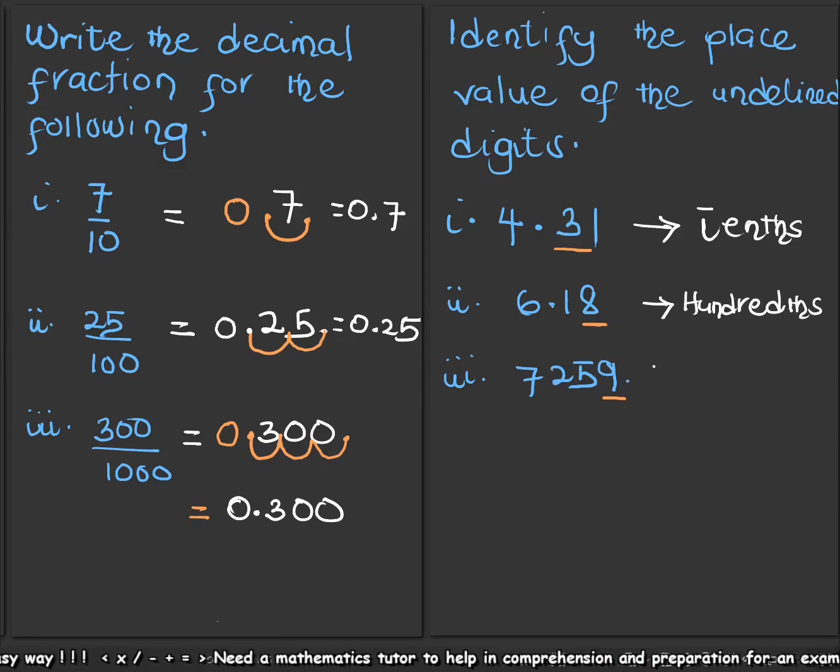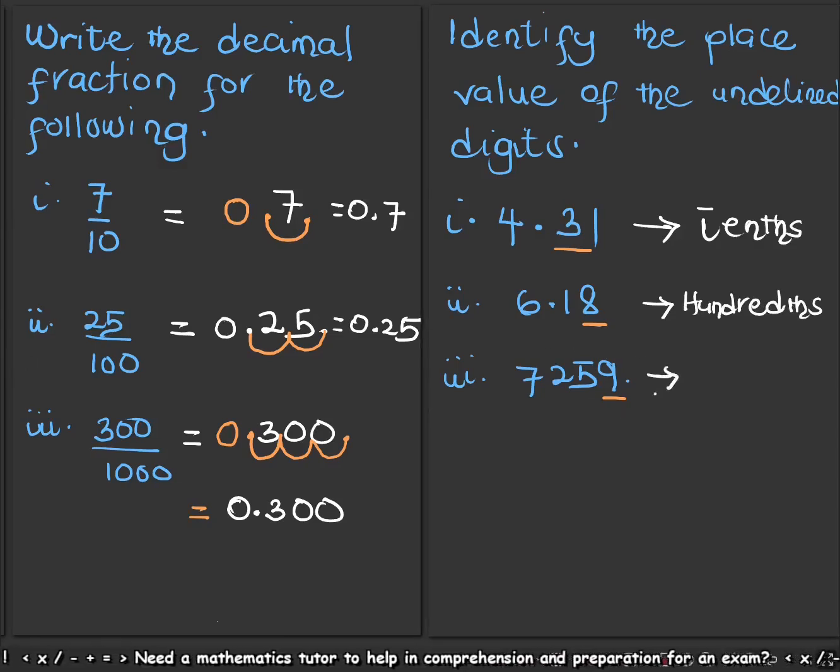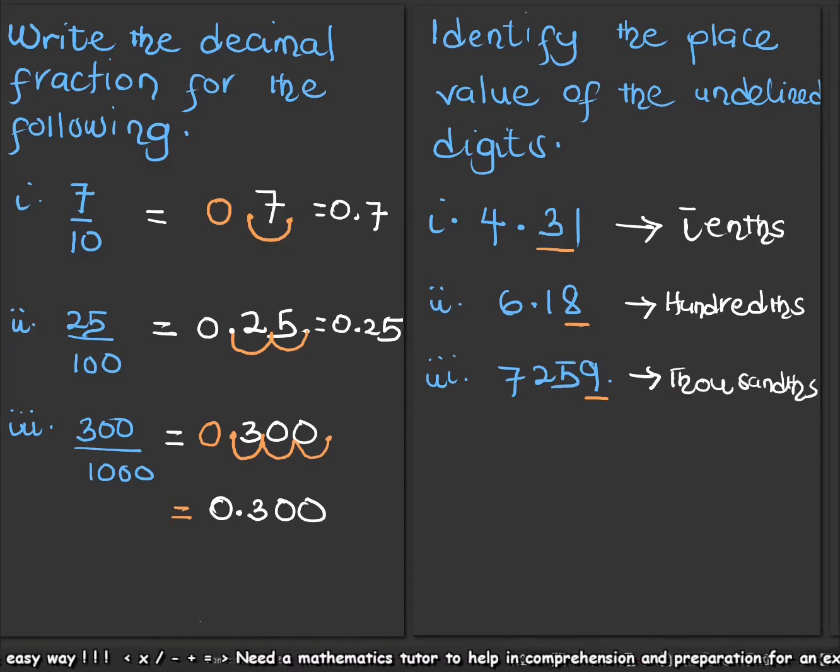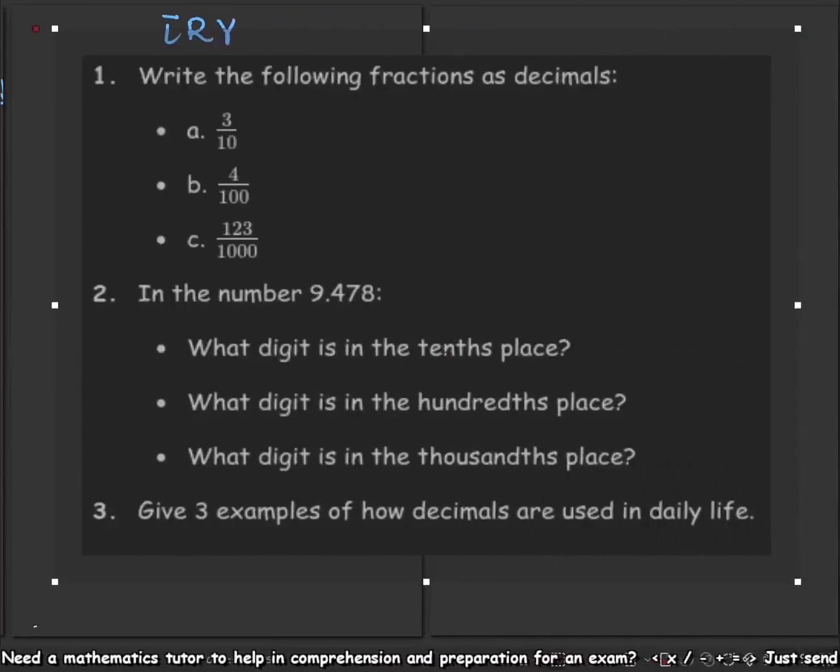For this last one, we want the place value of this 9. We have the 2 being in the tenths, then the 5 being in the hundredths. Now 9 is then going to be in the thousandths. Now with that said, I would leave you with this exercise. You can try it on your own just to test your understanding.